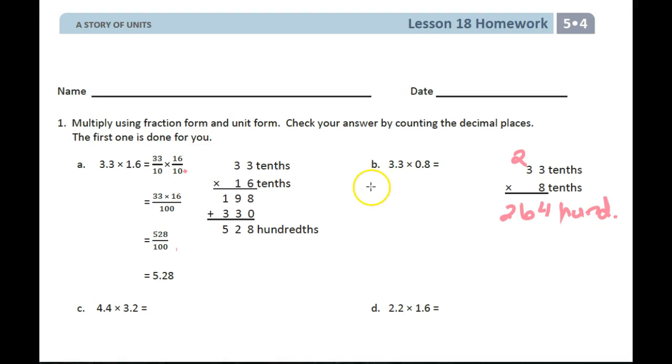So this one right here, if we're going to do this fraction style, this one is going to be 33 over 10, 33 tenths, times 8 over 10, 8 tenths. And we've done this math right here, so we know that it's going to be 264, and that 10 times 10 is 100.